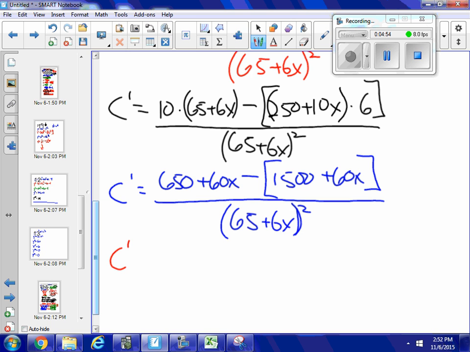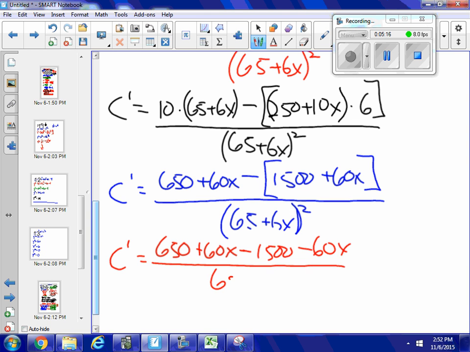So C prime is equal to 650 plus 60x minus 1500 minus 60x, divided by 65 plus 6x squared.